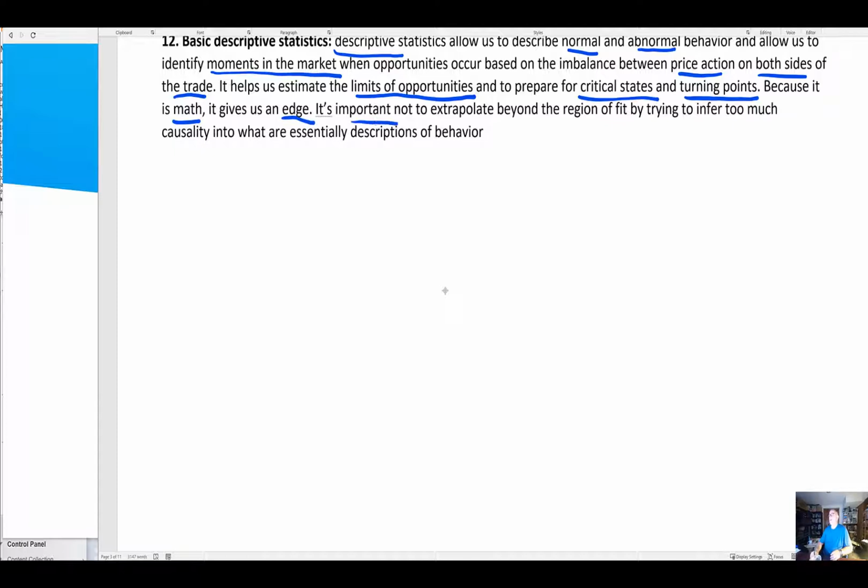It's important not to extrapolate beyond the region of fit by trying to infer too much causality in what are essentially descriptions of behavior. When you're talking about statistics, there's really two things that they're used for. One is to describe a population or a behavior or a set of phenomenon, and another one is to draw inferences.